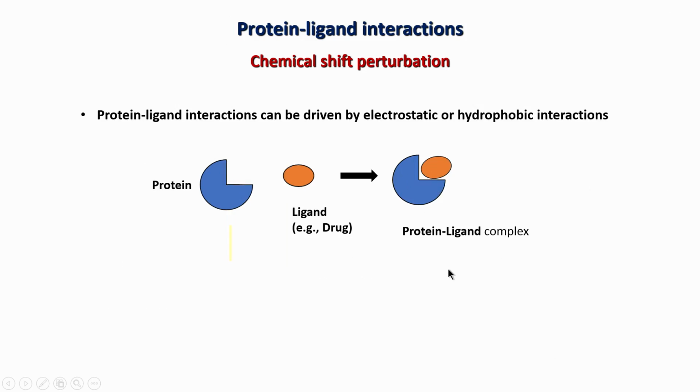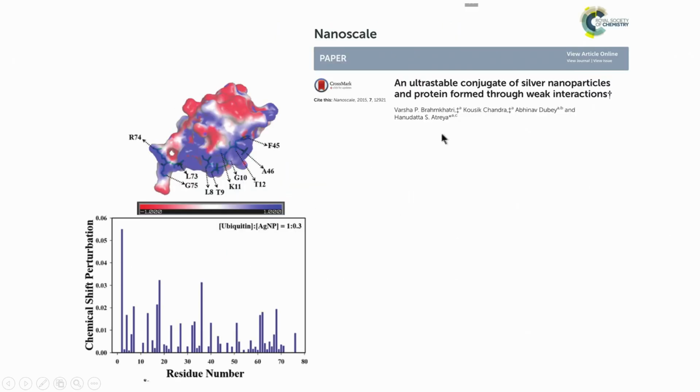I will give you a real example from a publication. You can go to this paper to get details, but what was seen here is a protein called ubiquitin. When you add silver nanoparticles, a negatively charged system, it interacts with the positively charged surface. The blue color here is the positively charged surface of the protein, and these amino acids which are indicated are the ones which show very high chemical shift perturbation, delta delta, that is what we saw in the previous slide.